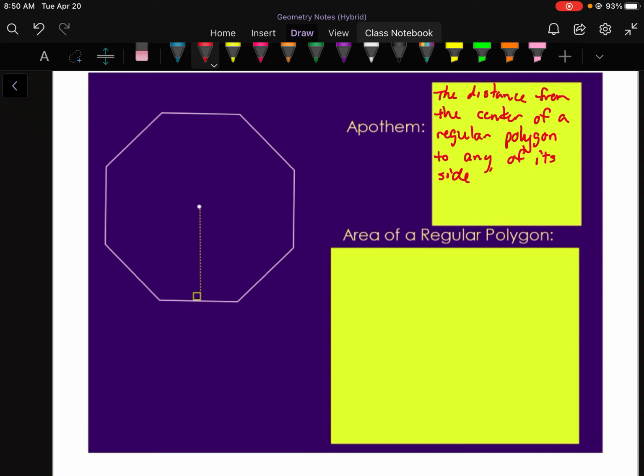And that is, just a little note for you, the perpendicular distance. So that means it forms that right angle there. So we would call that thing the apothem.